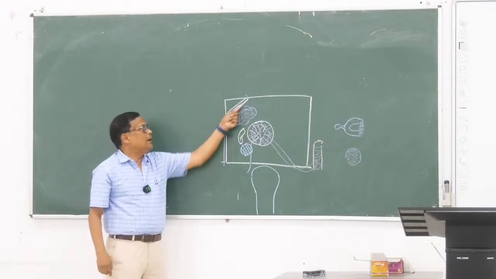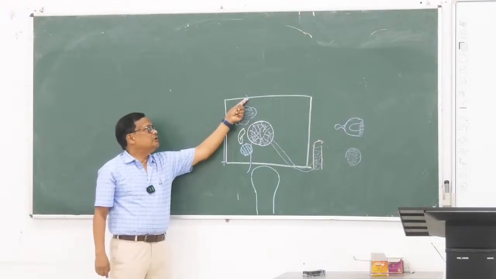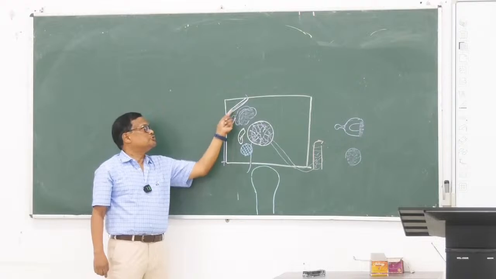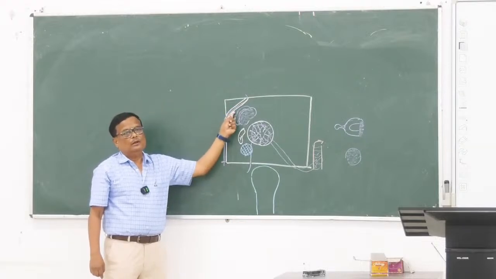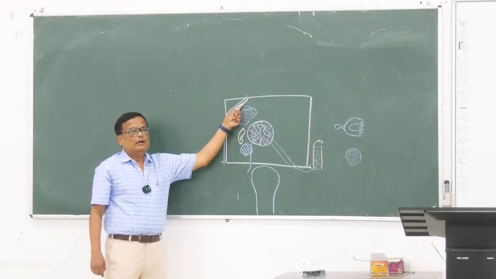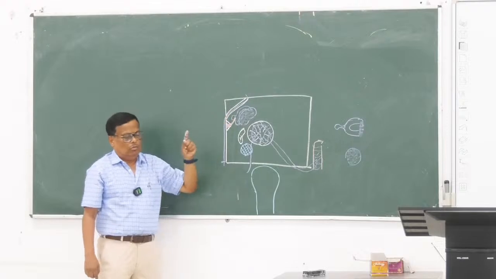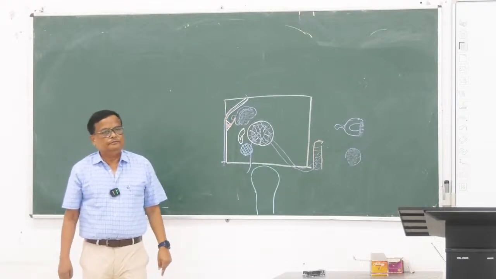So this oblique part, where the facial nerve comes from the medial to the posterior wall, is seen in this wall. And it is the horizontal part of the facial canal.